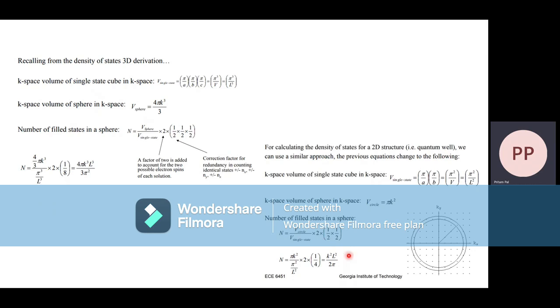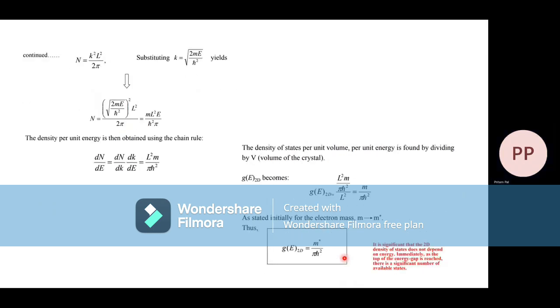Then ultimately we have the total number of states as k squared L squared over 2 pi. Now we substitute the value of k with the root of 2mE over h-bar squared, which relates it to the energy. So at last we have mL squared E over h-bar squared pi.